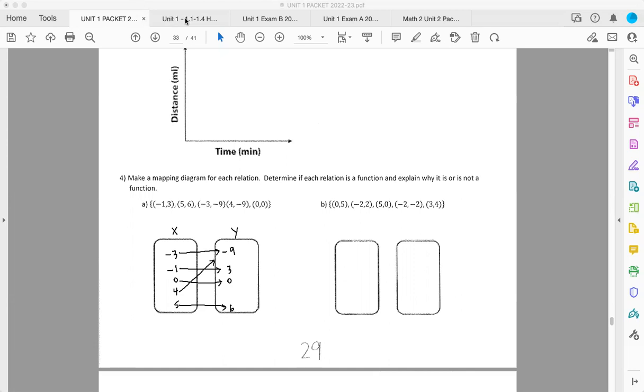So yes, this is a function, because for each x value or each input, there is at most one unique y value. So that means from each point in the x diagram, there's only 1 arrow coming out of it. If there are 2 arrows coming out of it, then it's not a function.